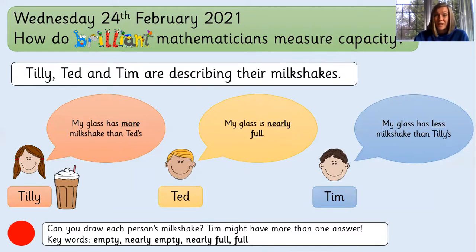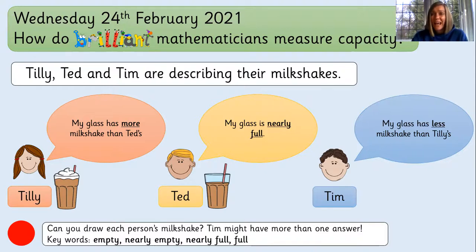Ted has already told us what he has. He's got a milkshake that is nearly full. So you could have written that, or you could have drawn a little picture to show what Ted's milkshake looked like. And then Tim, he doesn't give us much clues. All he says is my glass has less milkshake than Tilly's.